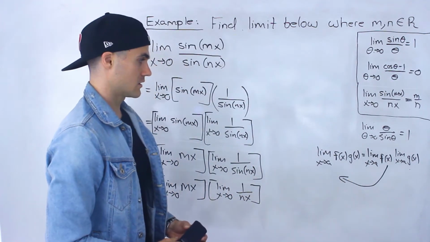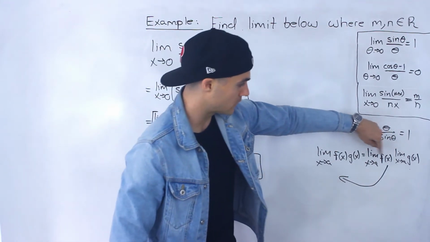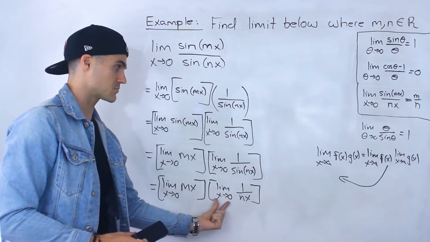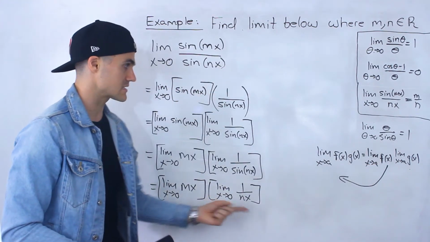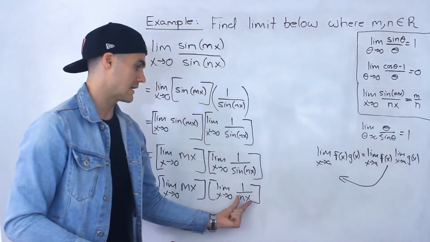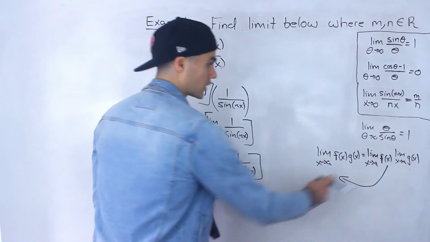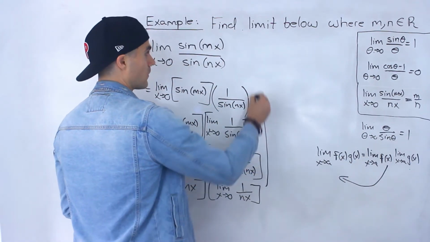Because notice that this here is in this format. We got x approaching a, x approaching a, x approaching 0, x approaching 0. And this f of x is like this mx, and this g of x is like this 1 over nx. So I'm going to use that limit law again, but I'm going to go the other way. Usually we're going this way. Now I'm going to be going the other way.